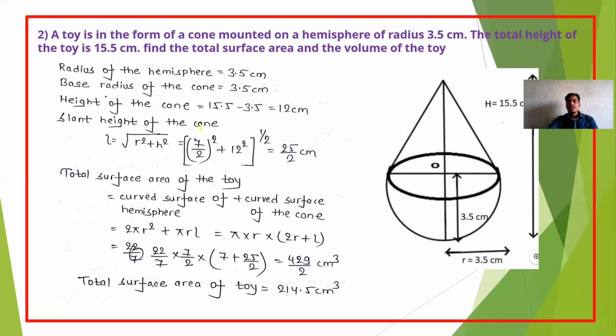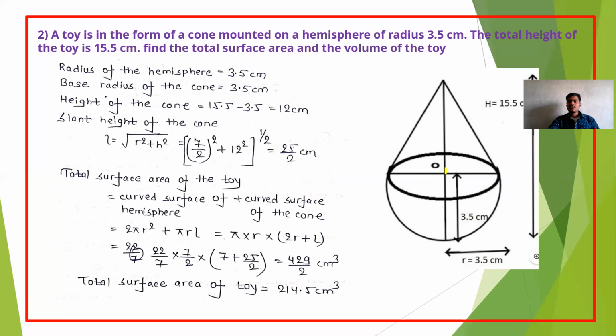Height of the cone, what is it? The total height of the toy means from this point to this point, it is 15.5 centimeter. And from this point to this point, the distance is 3.5 centimeter.